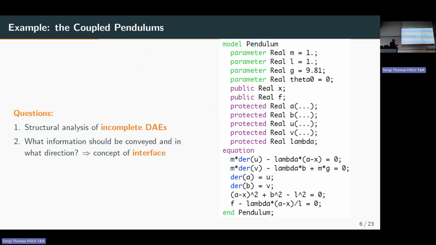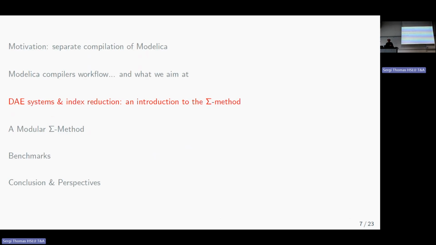Here, we will give a meaning to the structural analysis of rectangular systems, underdetermined systems. And the second contribution is a concept of interface that encapsulates the necessary information you have to pass across the model in order to perform the structural analysis.